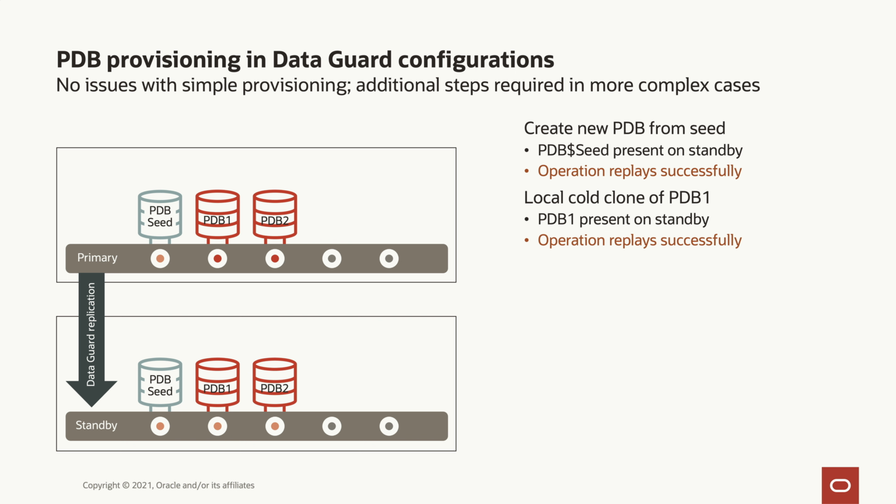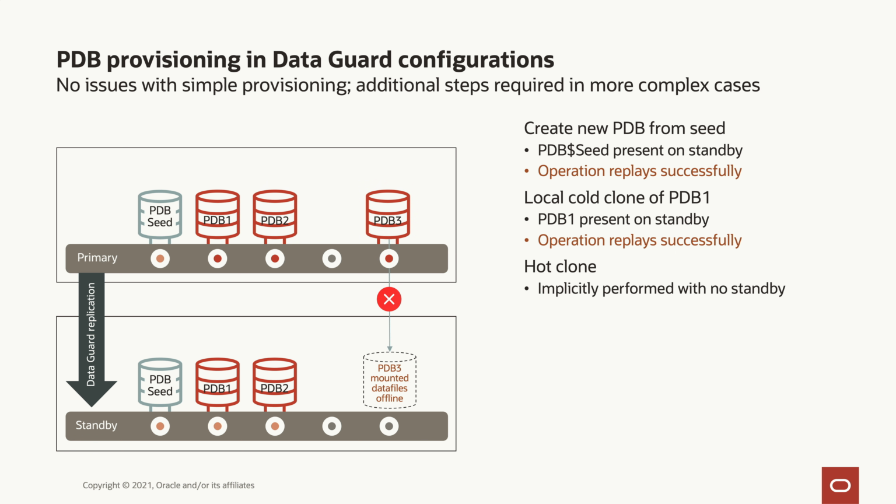One is to ensure that the hot clone itself is transactionally consistent, as we saw in a previous section of this presentation. The other is the application of redo on the standby performed by Data Guard itself. These two recovery operations would interfere with each other, and to avoid that, a hot clone to a Data Guard primary will have no standby replica.